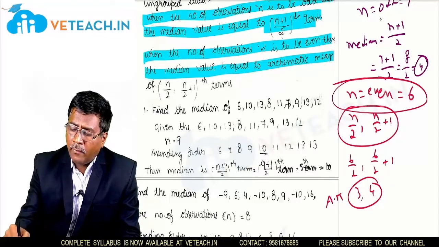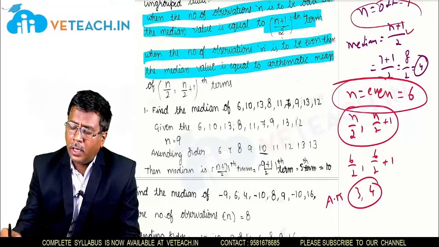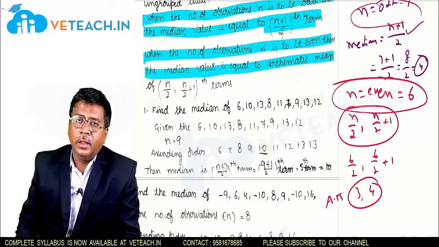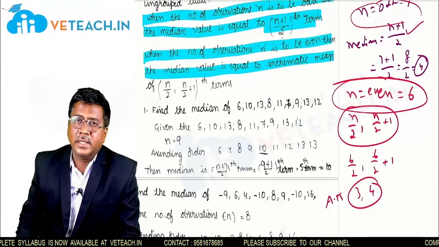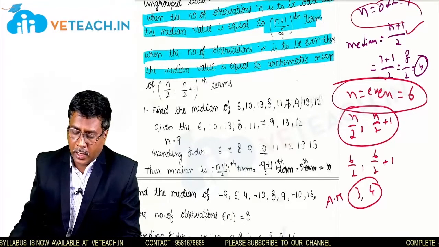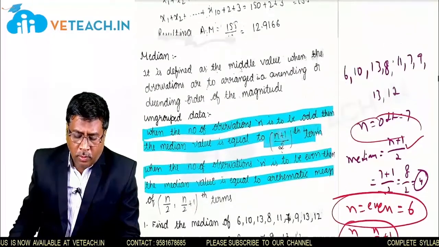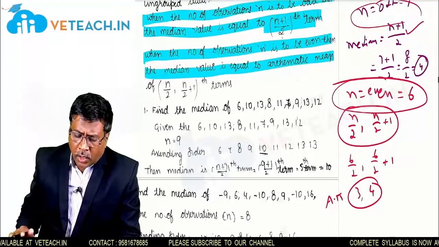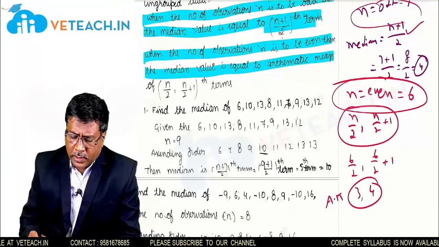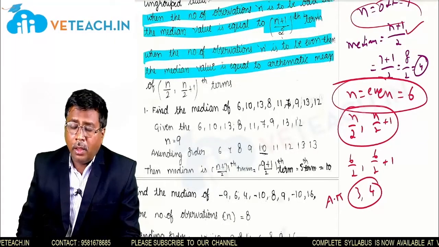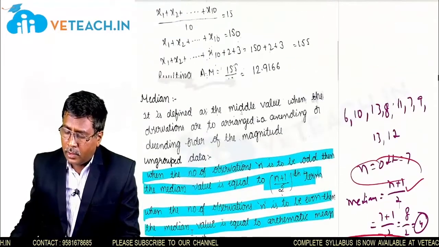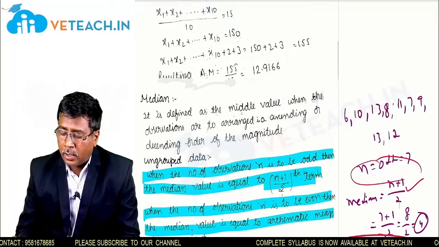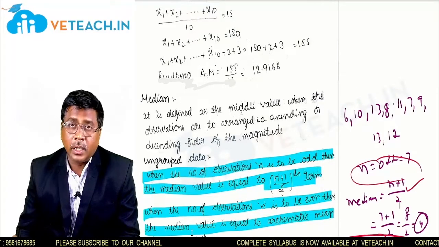Similarly, if n is odd, the median is the (n plus 1) by 2th term after arranging the data in ascending or descending order. Please all of you follow this. Take the example 6, 10, 13, 8, 11, 7, 9, 13, 12.